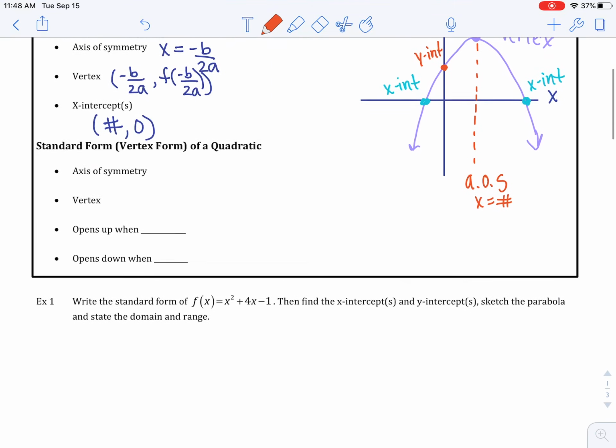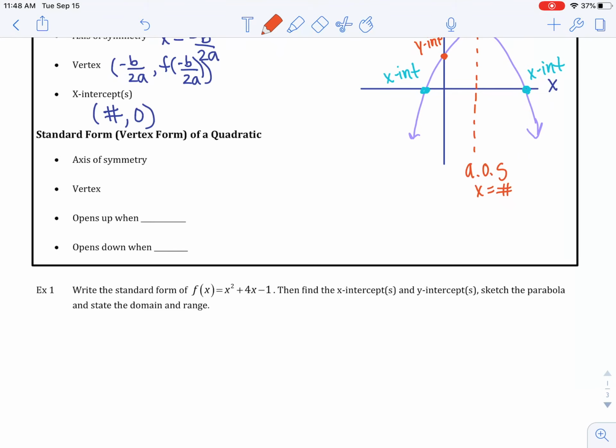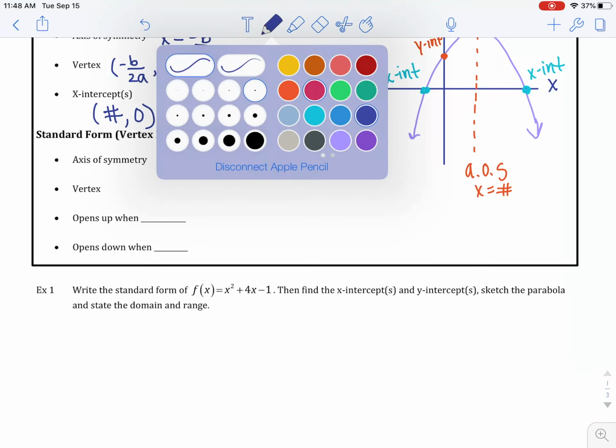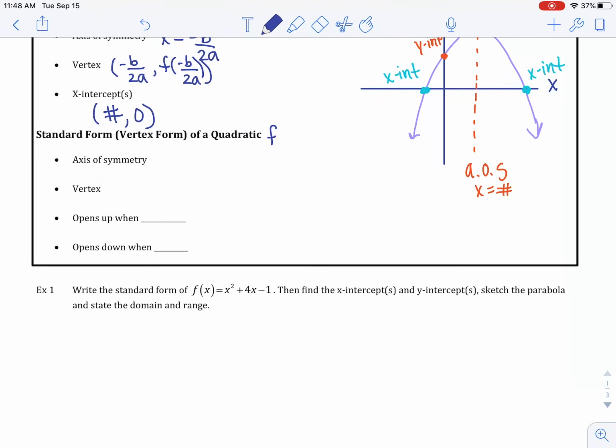And now we're going to talk about the standard form, so aka vertex form. So let's write that guy out. Vertex form, f of x is equal to a parentheses x minus h squared plus k.